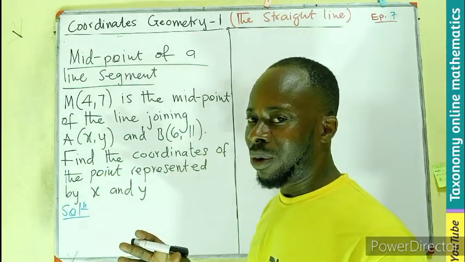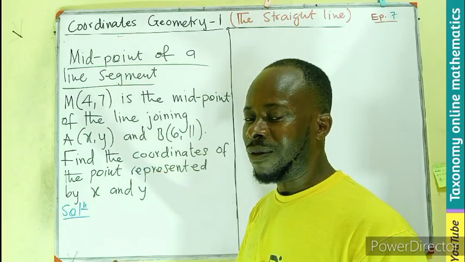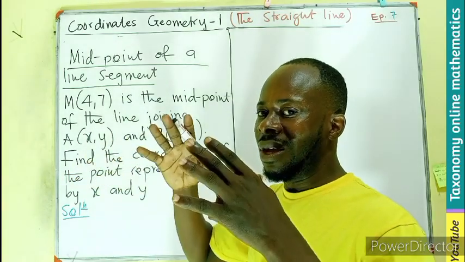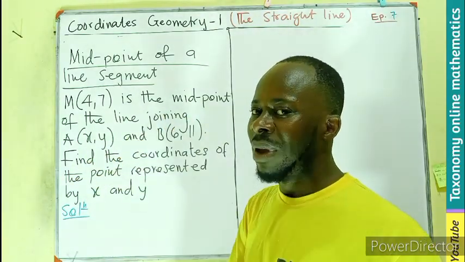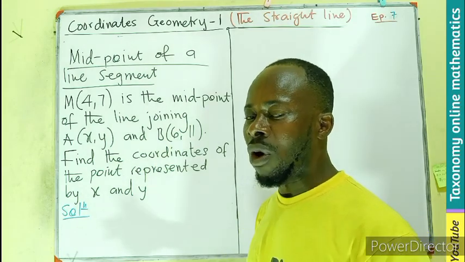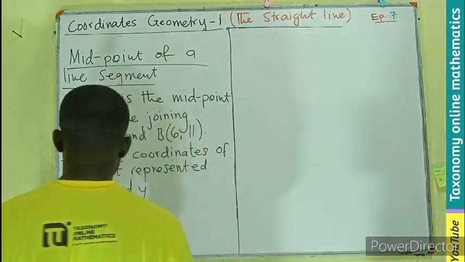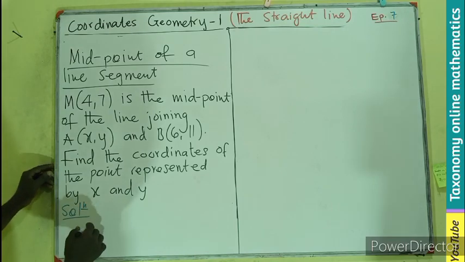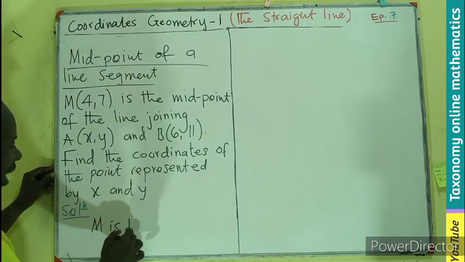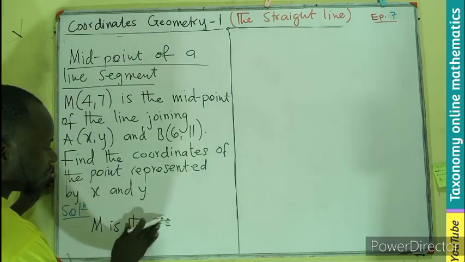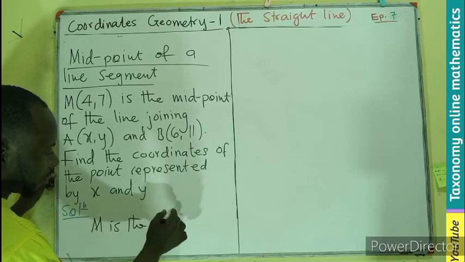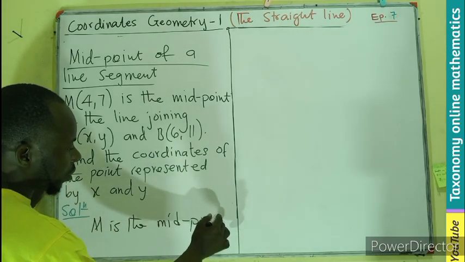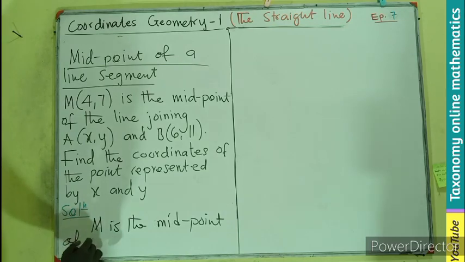So in a nutshell, the midpoint is already known. Let's base on the midpoint formula to derive the coordinate of the endpoint. Here we can say that M is the midpoint of the line segment AB, right?